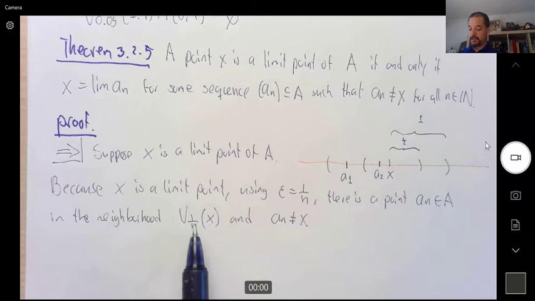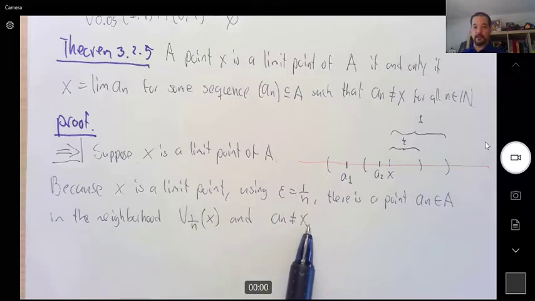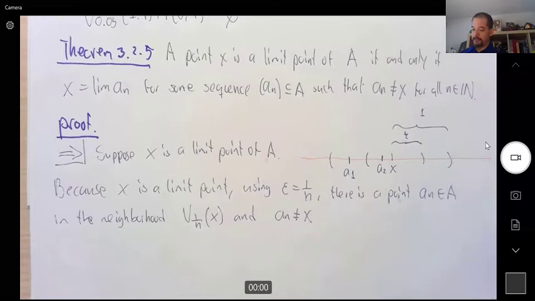So this neighborhood intersects A at some point that is not equal to X. I just wrote down the definition. Okay, so that's my sequence a_n.